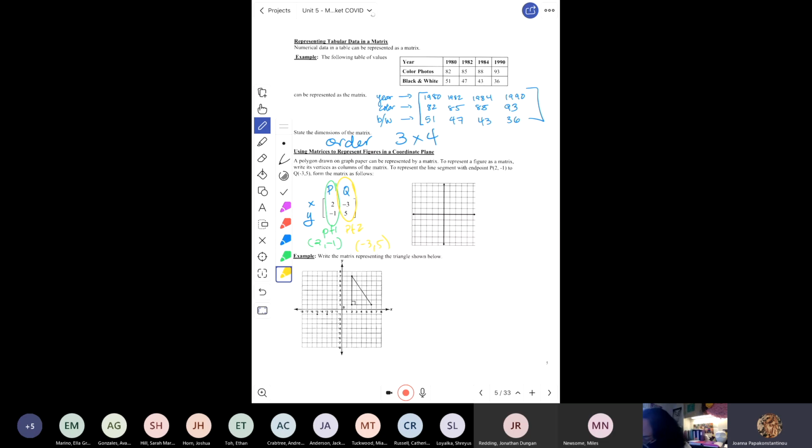Okay, so let's plot these points. I have 2, -1. That's point 1, that's P. And then I have -3, 5, and that's point Q. So if I were to connect those, I'd get this line segment.